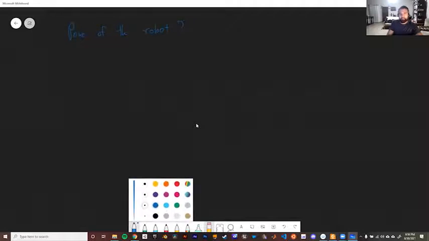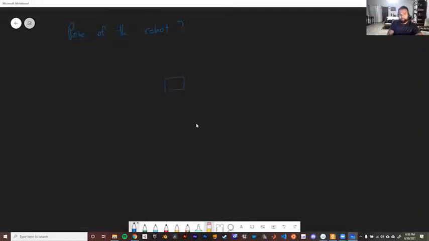But imagine we have a robot in this location and we move forward, right? When the robot moves forward, we give that robot some sort of control signal, right? We tell the robot to move forward, right? So what we call that is the control signal.